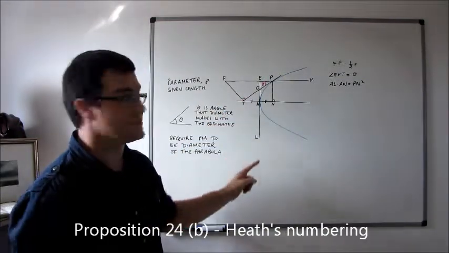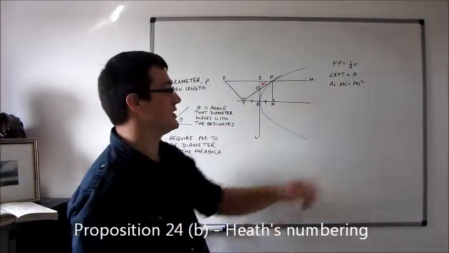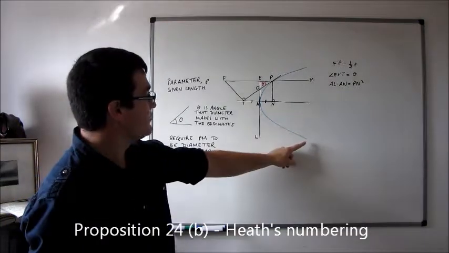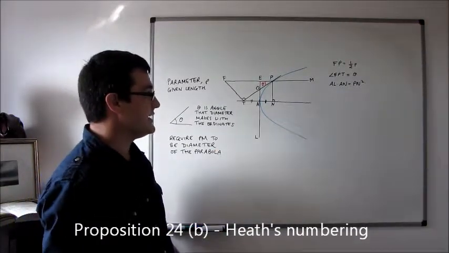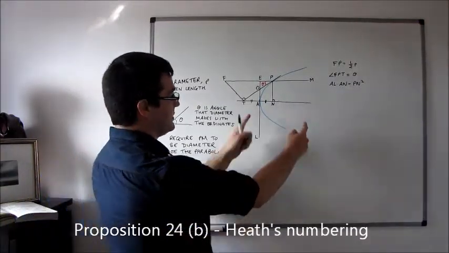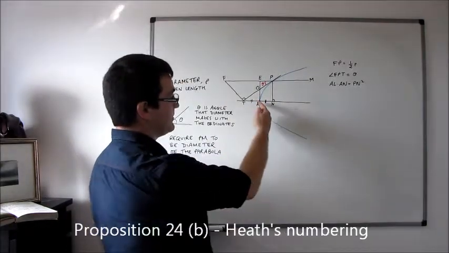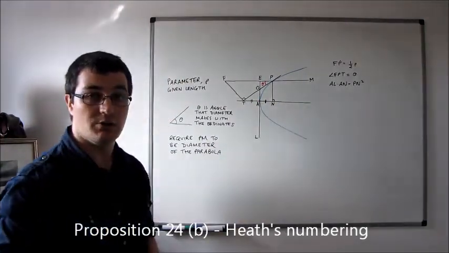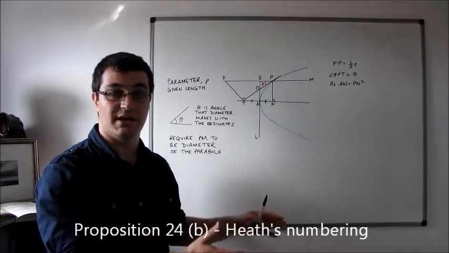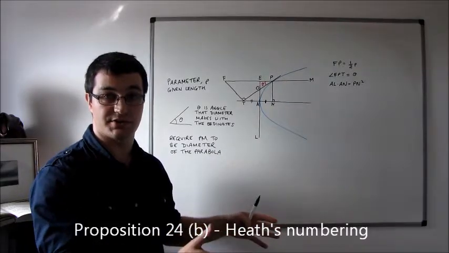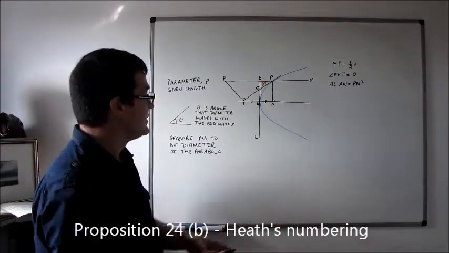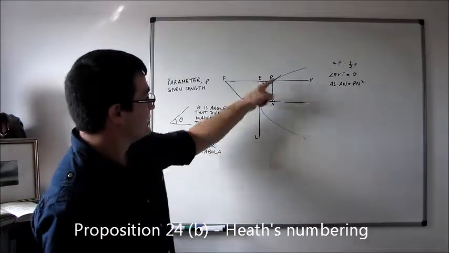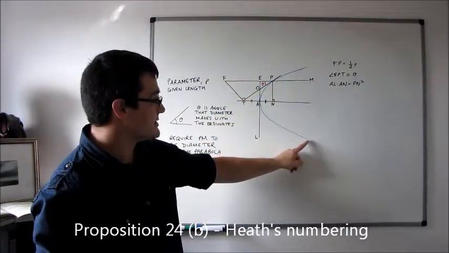So why would we want to choose this specific relationship? Well, let's have a look. If we now construct a parabola with axis AN and parameter AL, which is exactly what we did in the first part, we guaranteed that we could construct such a parabola, then the parabola will probably look something like this.